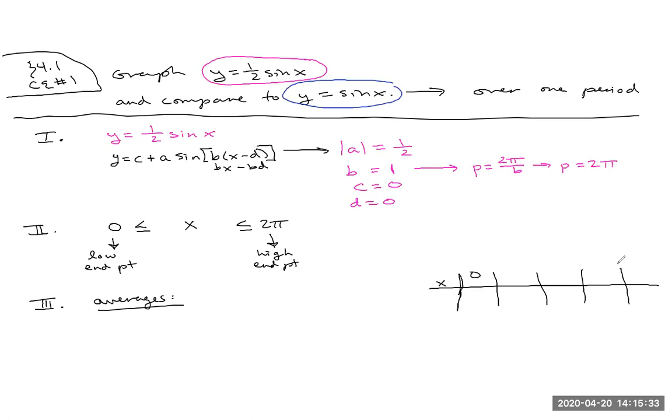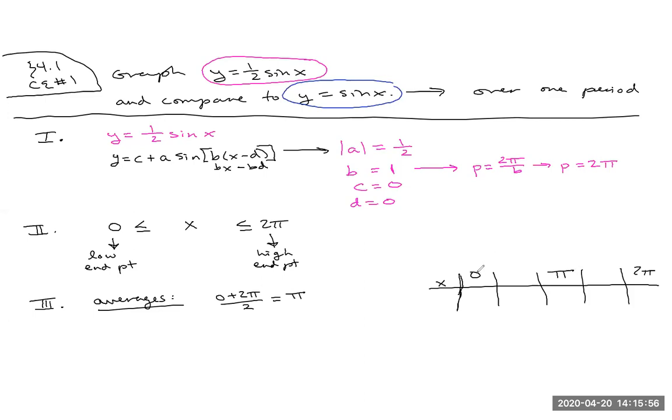We're going to have 0 and 2 pi at the ends. So let's take the average between 0 and 2 pi. So 0 plus 2 pi divided by 2 would be the average. That gives us pi. The average of the n values goes in the middle.